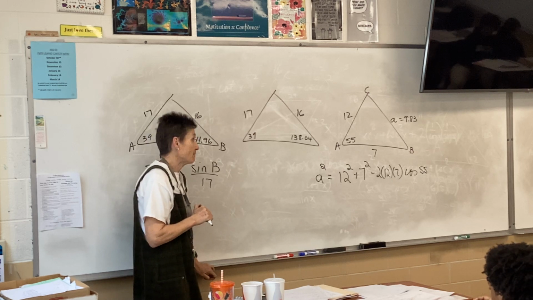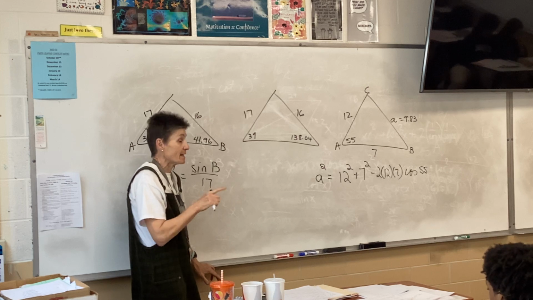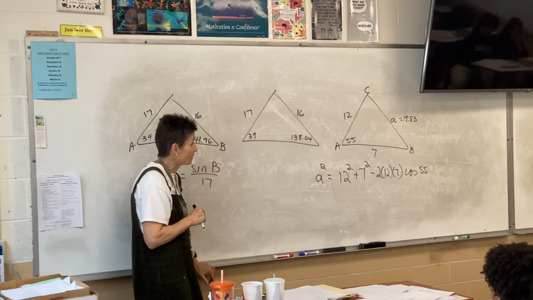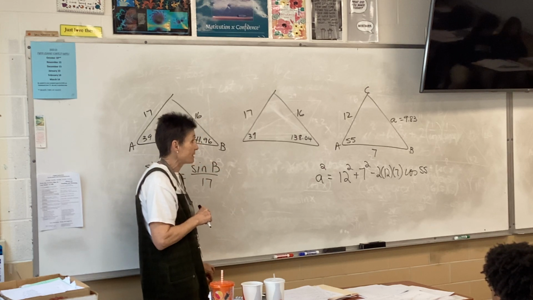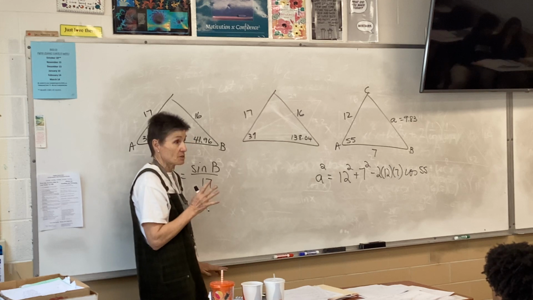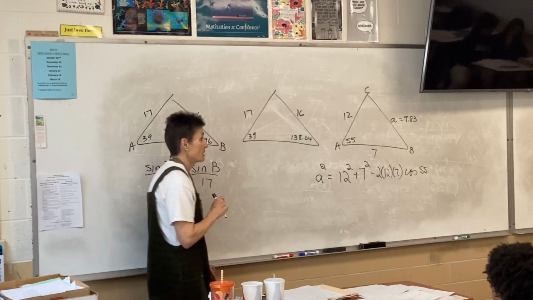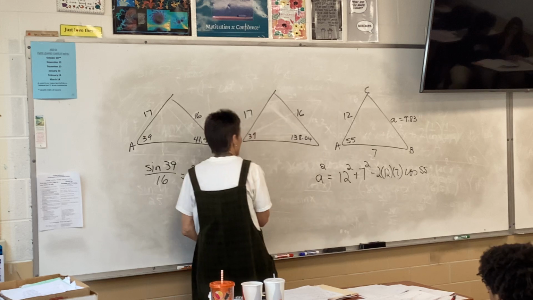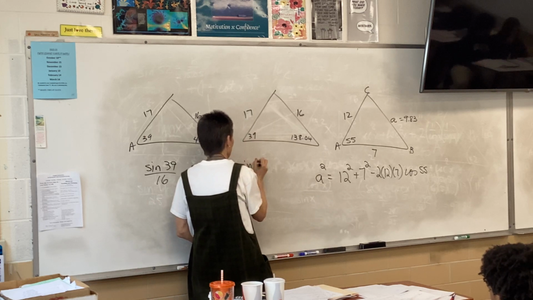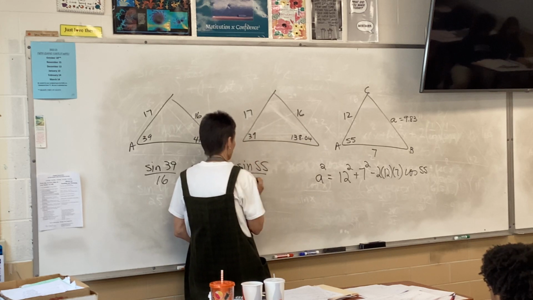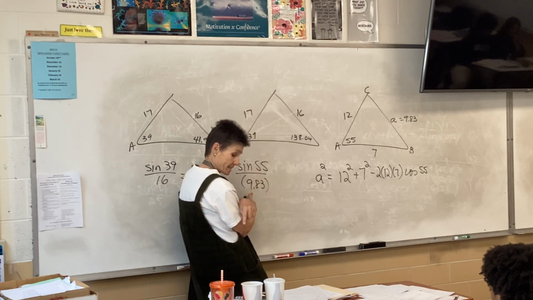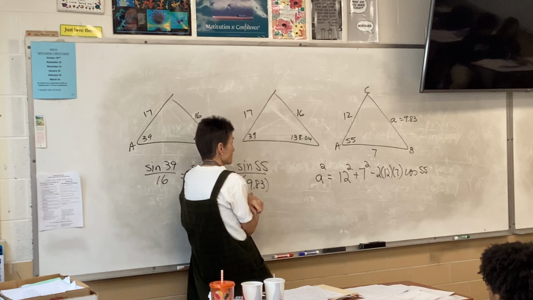I'm not done. I found side a, so if it said find side a, I'd be done, but it says solve the triangle. So now maybe I can find angle C. So I can do sine 55 over 9.83. And I'm going to put that in parentheses because that number is sitting right there. So I think I'll use my answer button.